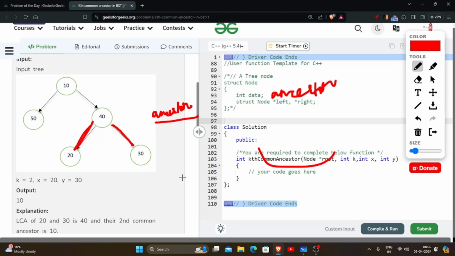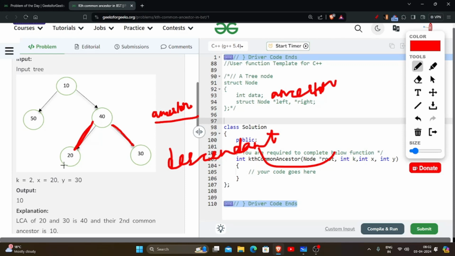And P and Q are to be descendants. So these are two terms. So descendants are actually said about children, grandchildren, great grandchildren. So for a node to be an ancestor of some nodes, or let's say two nodes, because this is a BST, binary search tree, so we cannot have greater than two children. So for a node to be the ancestor of two nodes, both the nodes have to be the descendants of that node.